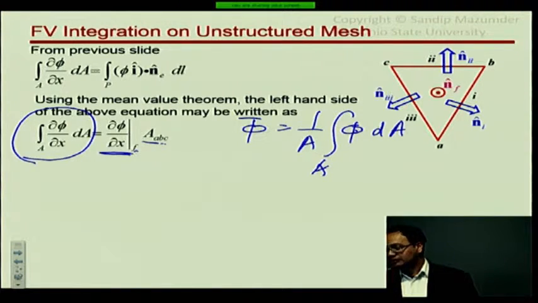That's the area average definition of any quantity. So if I think of d phi dx as the average value at a face, then I can write this integral as the average value at the face times the area of the triangle ABC.